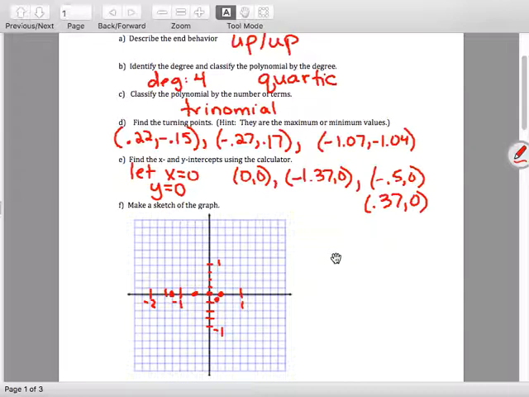Negative 0.27 and up 0.17. Negative 1.07 and negative 1.04, so it's just a teeny tiny bit under. Okay, I think I got it now. I'm coming up from the top because that's my end behavior. This was a turning point. Here's a turning point. And then I need to know the end behavior as it shoots up, up.